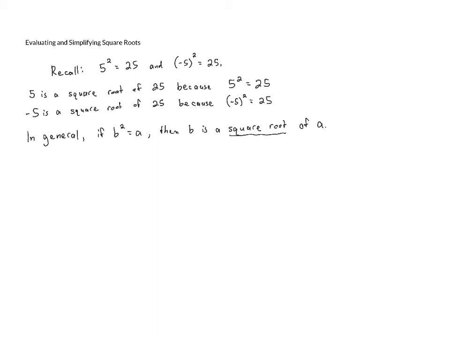All right. Now we have a symbol that we can use to denote square roots. You've probably seen it before at some point. This is a radical symbol, and it denotes the principal square root, which means the one that's not negative.